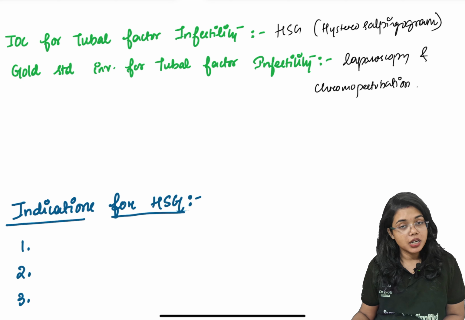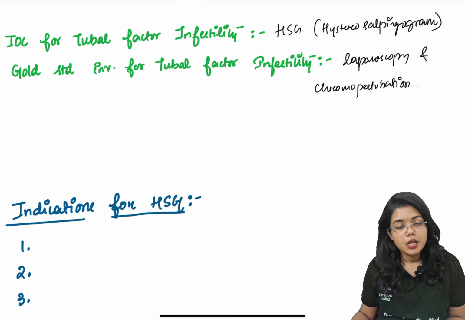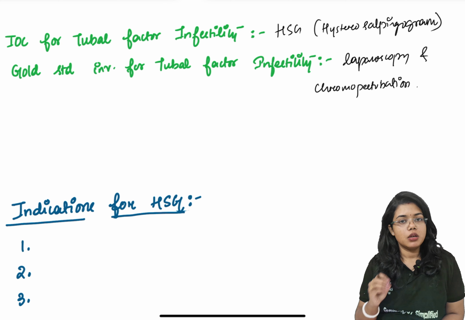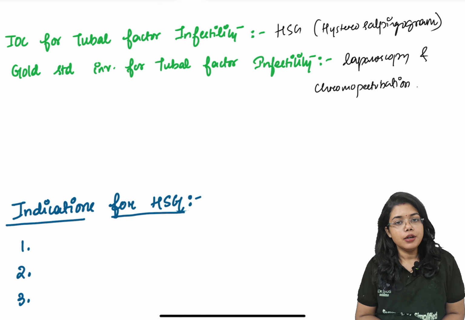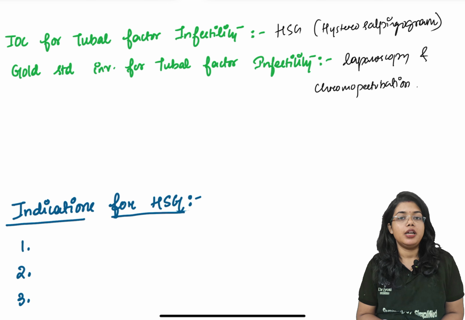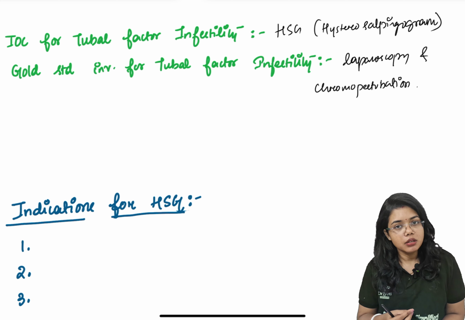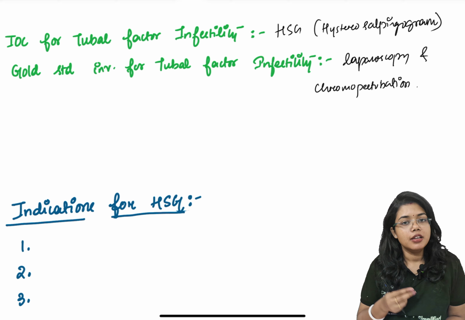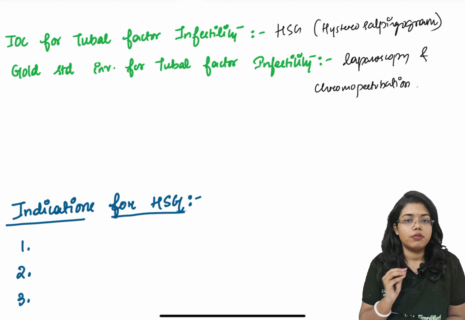And what is the gold standard investigation for tubal factor? The gold standard is laparoscopy, that is the direct visualization of the fallopian tubes through the abdomen, and chromoperturbation, where through the vaginal route we inject methylene blue dye and see the patency of the tubes.